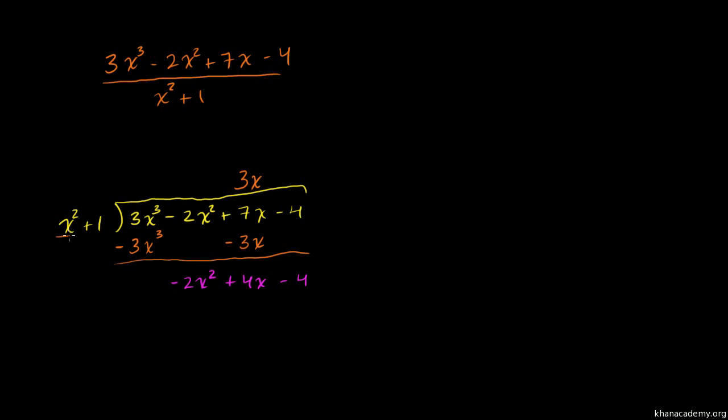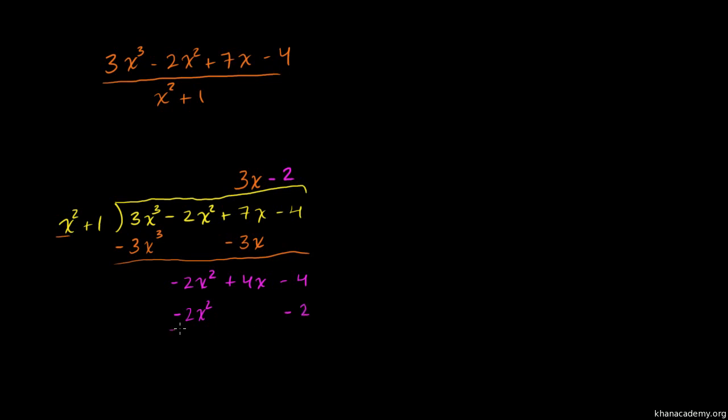Once again, look at the highest degree term. X squared and a negative 2x squared. So x squared goes into negative 2x squared negative 2 times. Put it in the constants place. Negative 2 times x squared is negative 2x squared. Negative 2 times 1 is negative 2.